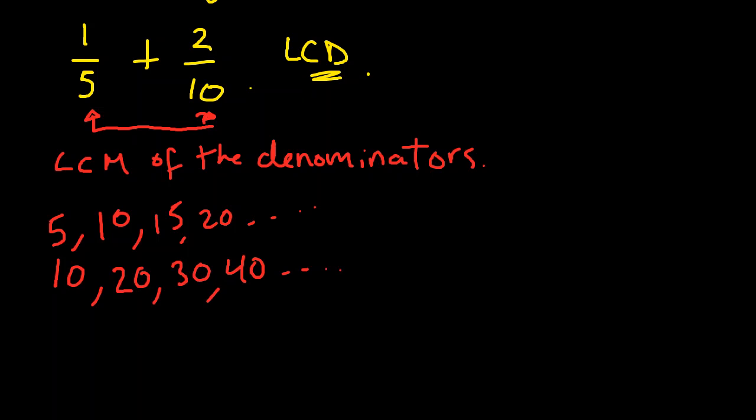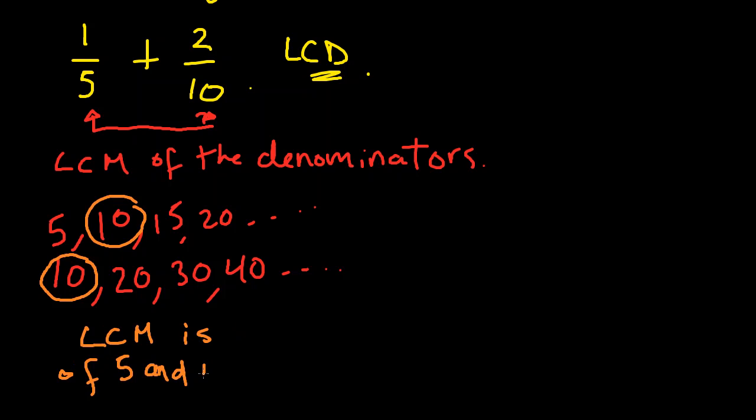So now what's the lowest common multiple of 5 and 10? It's 10, because 10 appears in both lists. So the lowest common multiple of 5 and 10 is 10. So how does this relate to the lowest common denominator? Well, the lowest common denominator is just a special name. It's just the lowest common multiple of the denominators of these fractions.